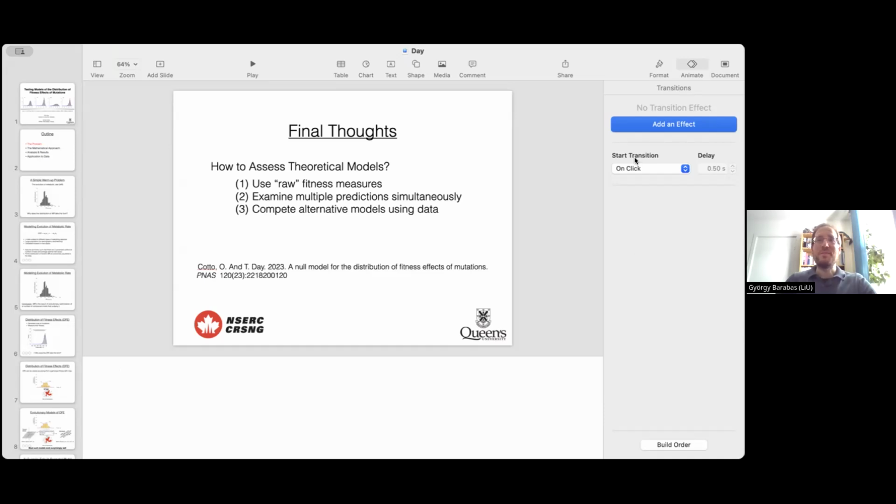Aaron, please go ahead. Thanks, Troy. That was really interesting. So maybe you can help me think this through. I was trying to work out what the role of this is. At some point you make a comparison between a uniform distribution and the distribution of effects, and that leads then to the maximum entropy.